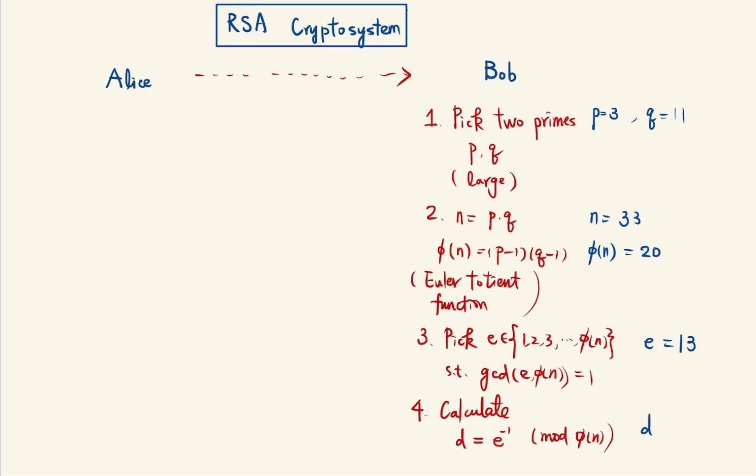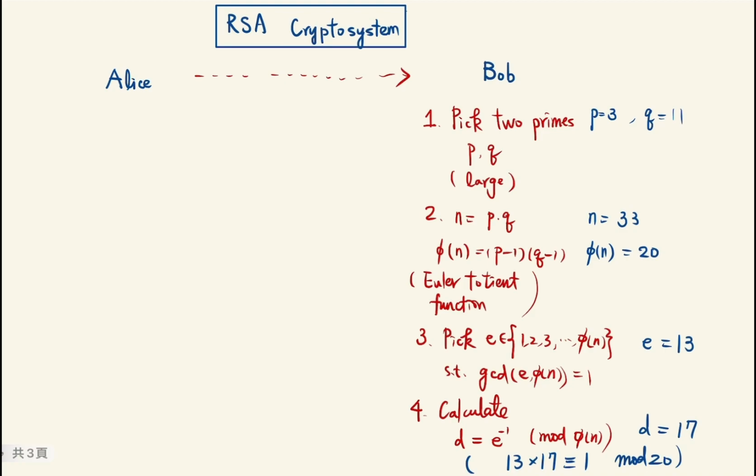So here we find that D is 17. You can calculate that as 13 times 17 is congruent to 1 modulo 20.